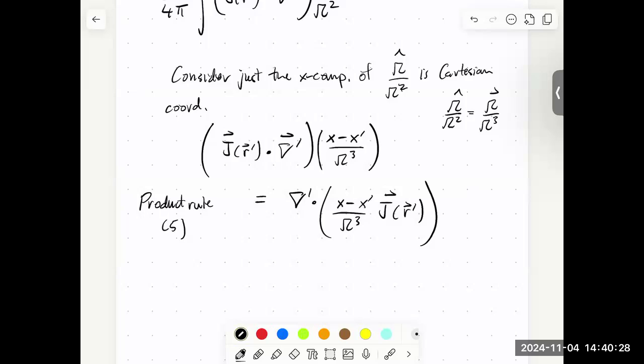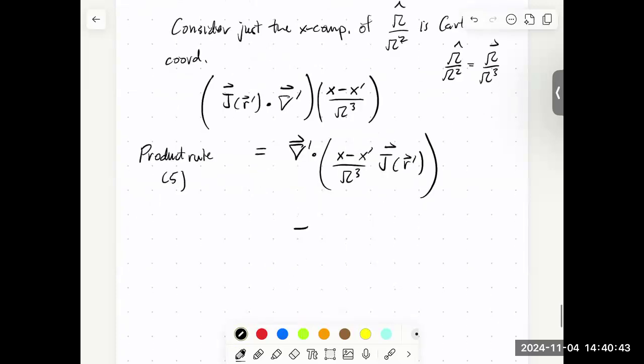This is now a scalar because we've taken just the x component. So if I want to take the divergence of something, I have to take the divergence of a vector. So it couldn't just be the scalar by itself. All right. And then there's a second term. This one does have only 2 terms. It's the scalar that we had, times just the divergence of this thing.